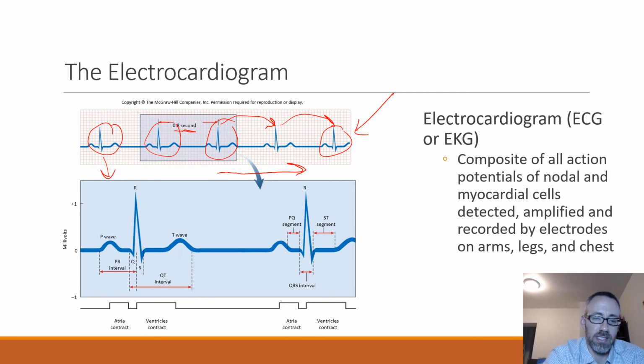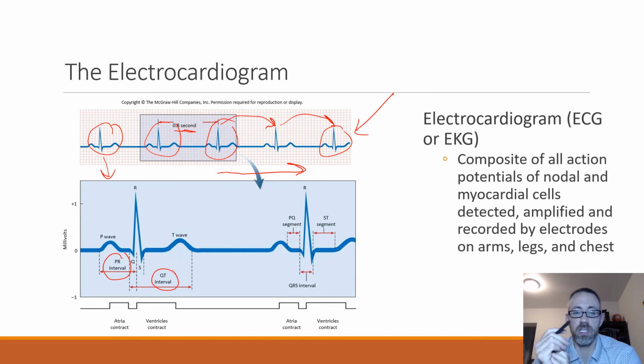You'll also notice that the timing of when the P wave starts and ends, and the beginning of the QRS, and then finally with the T wave, they have what we call intervals. So we have something called the PR interval and the QT interval, and there's a specific timing of this. It could be too long or too short, and that can be pathological.